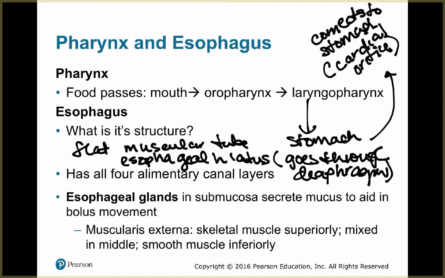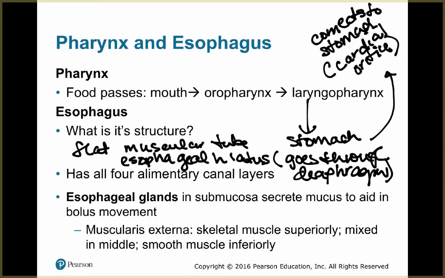Now, when we look at this, the esophagus does have all four alimentary canal layers. And within the esophagus you have glands called esophageal glands. They're located in the submucosa, and they help to secrete mucus to aid in the movement of the bolus.